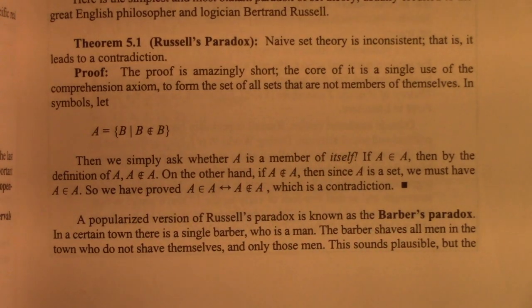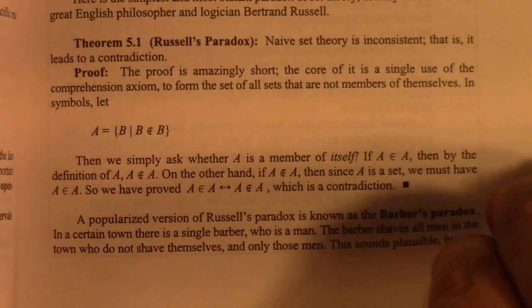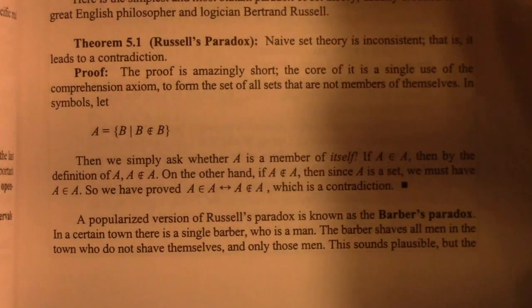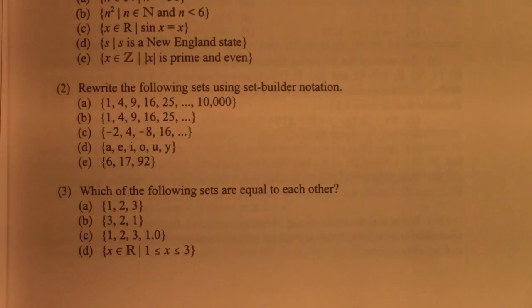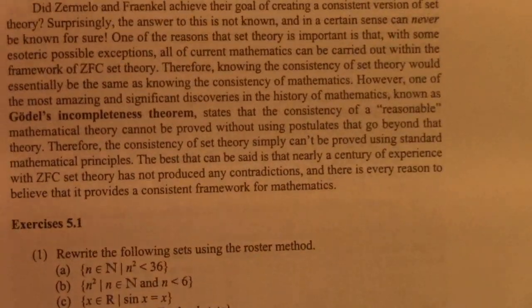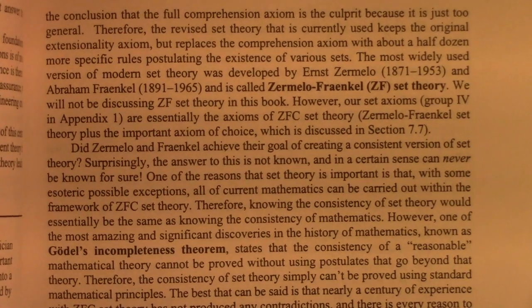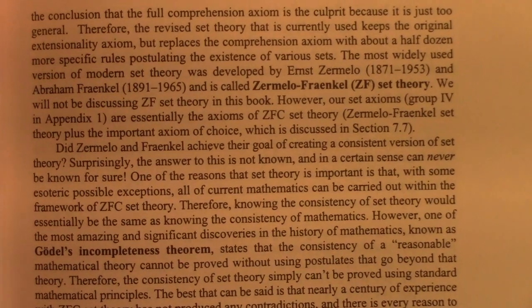This contradiction is dealt with in Zermelo-Fraenkel set theory by playing with what's allowed to be elements and sets and so forth. Again, I don't want to get into all that, but there's a good breakdown of some of the things that come as a result of that.